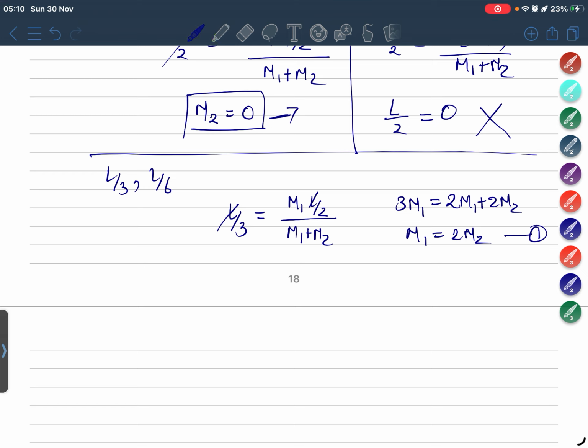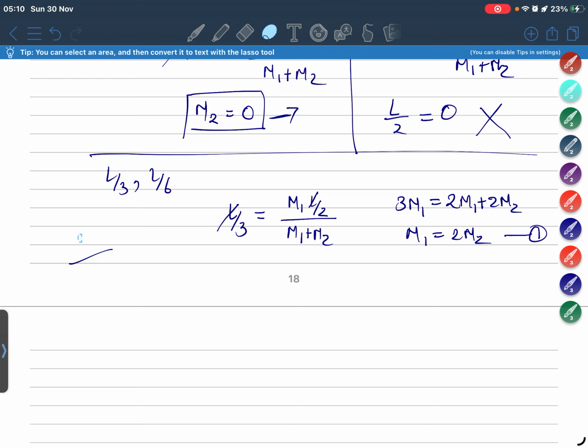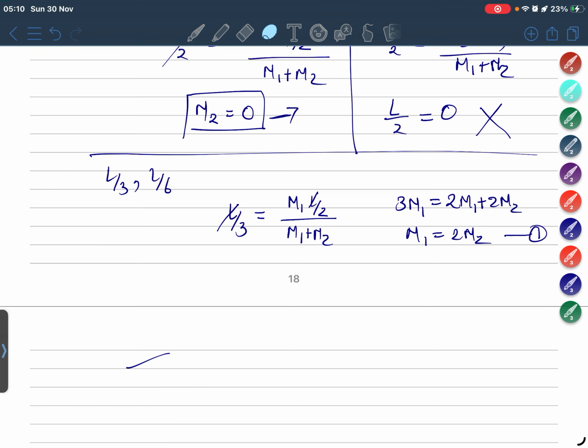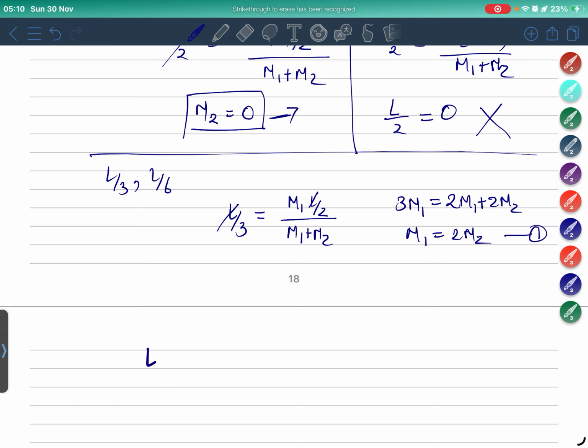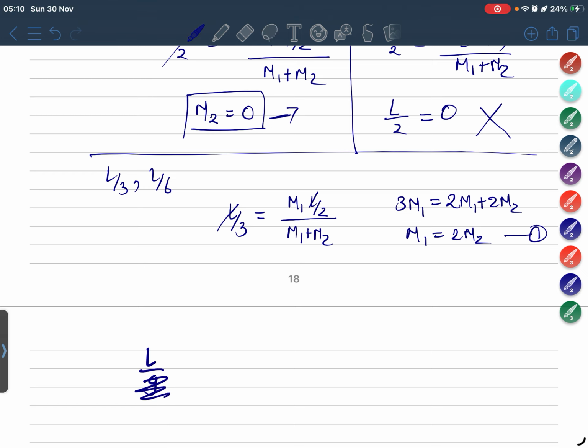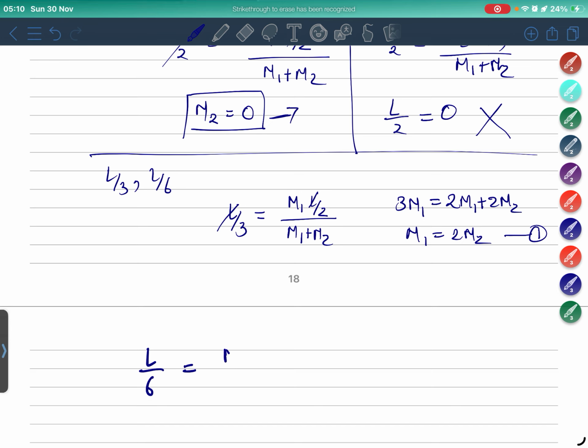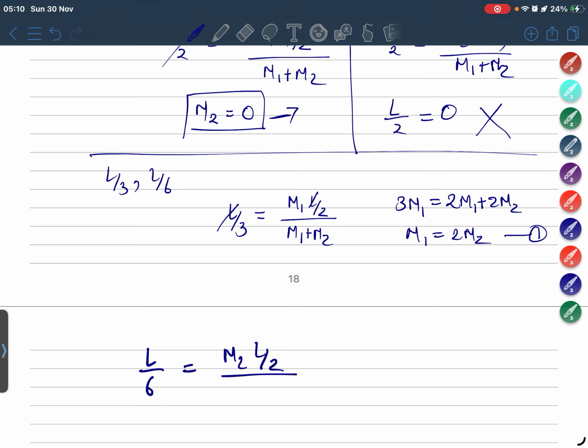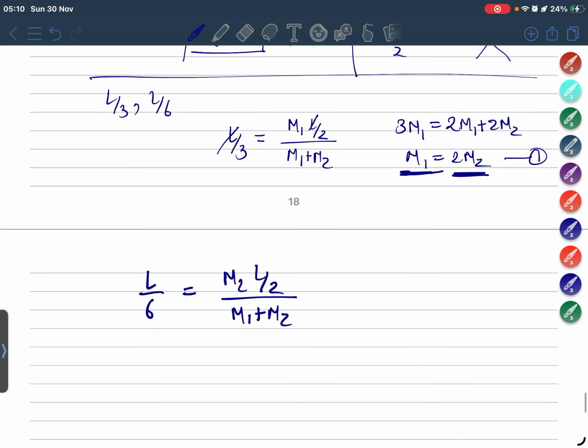YCM is our L by 6, so L by 6 should equal M2 L by 2 divided by M1 plus M2, and we got M1 as 2M2. So I will put M1 as 2M2. L by 6 equals M2 L by 2 divided by 2M2 plus M2.